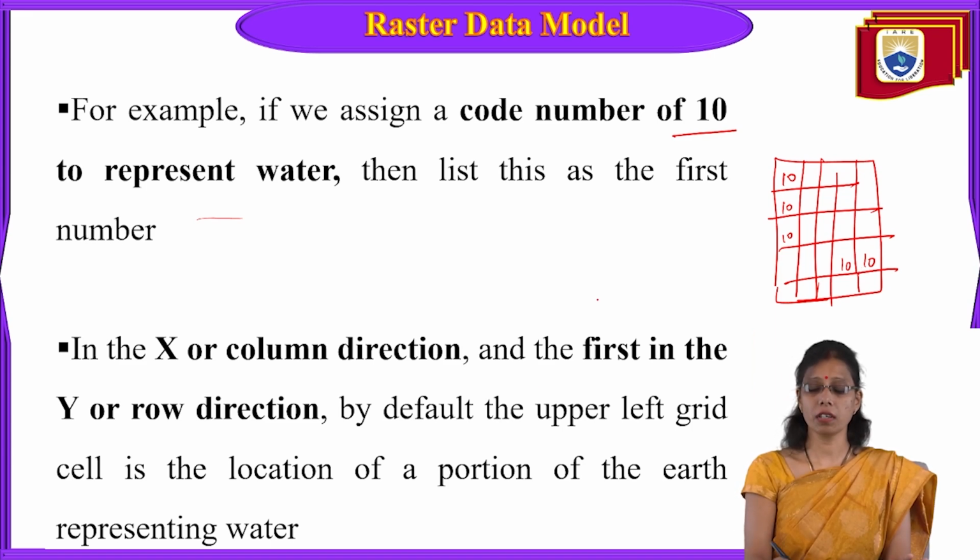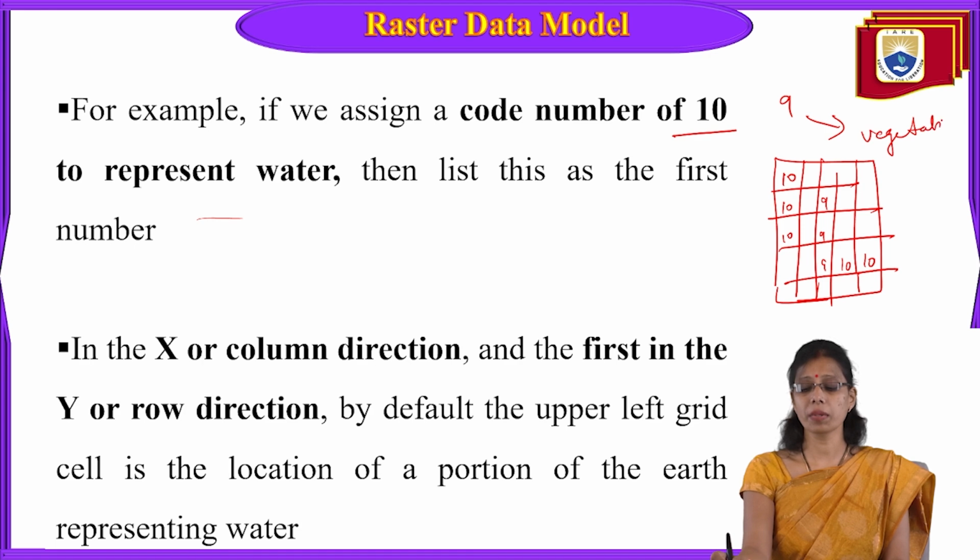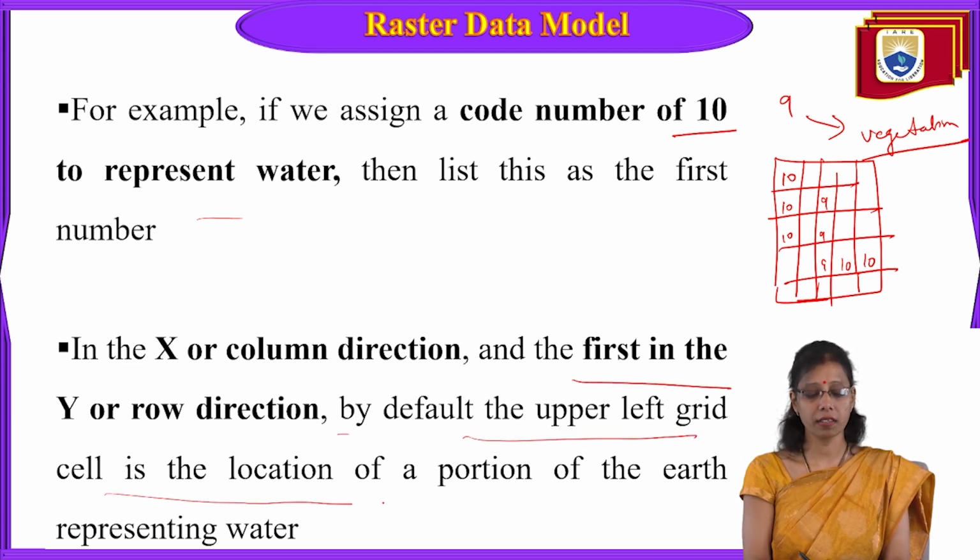Like that, if there is number 9, wherever we represent 9, it may be vegetation. So this is represented in the form of grid cells, in the form of numbers or colors. You can represent it in color also, which we will discuss when we discuss the types of models. In the X or column direction and in the Y or row direction, by default the upper left grid cell is the location of a portion of the earth representing the water.